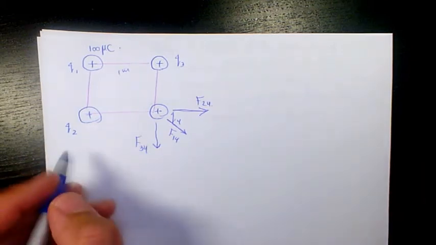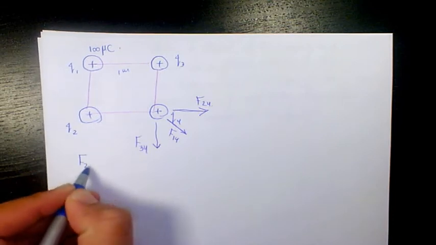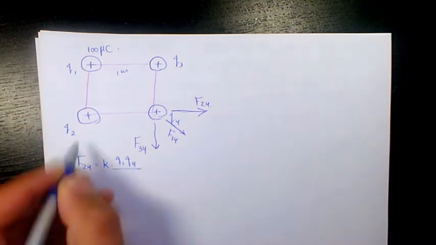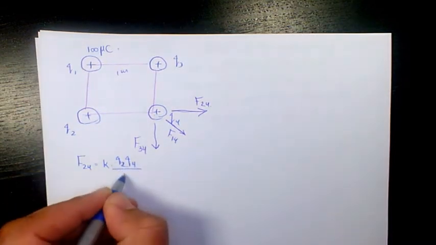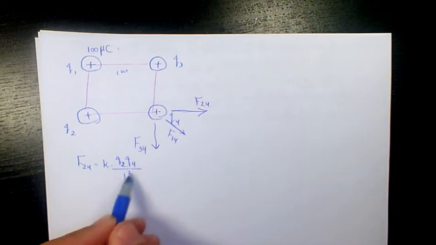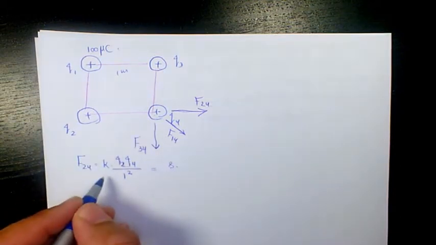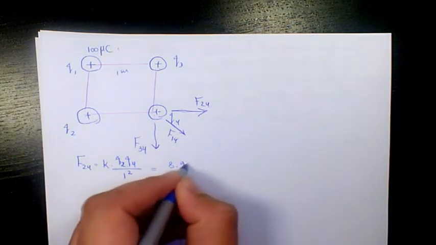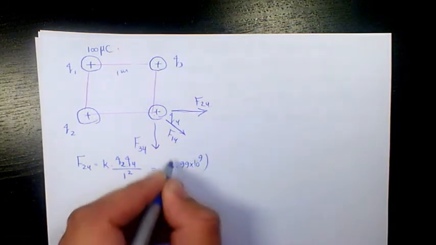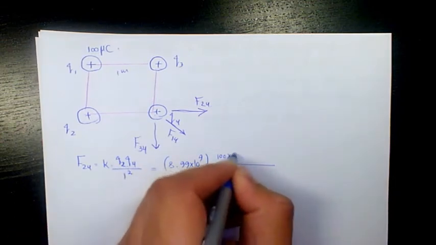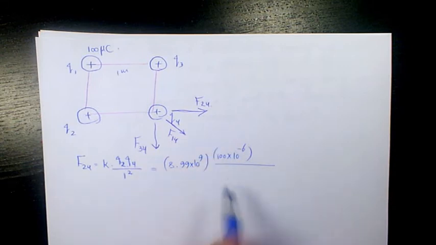So we have F24 equals K Q2 Q4 divided by R squared. That's the distance, which is 1 meter. K is Coulomb's constant, which is 8.99 times 10 to the power of 9. Q2 is 100 microcoulomb, so 100 times 10 to the power of negative 6, because we want to convert microcoulomb to coulomb.